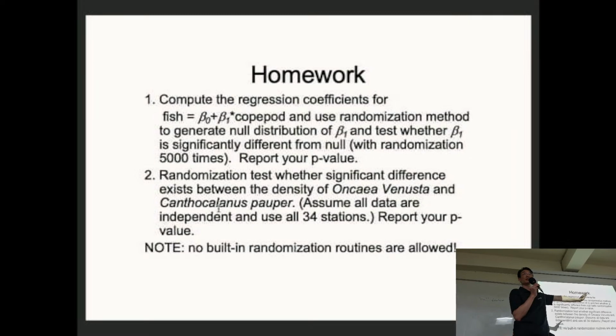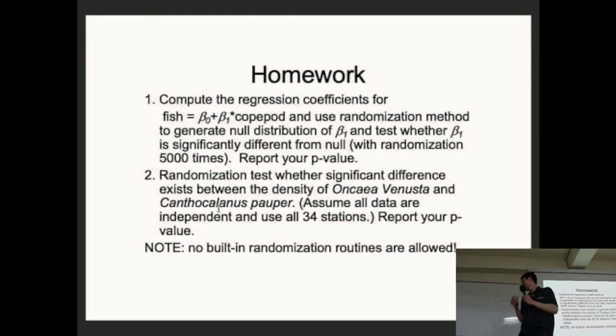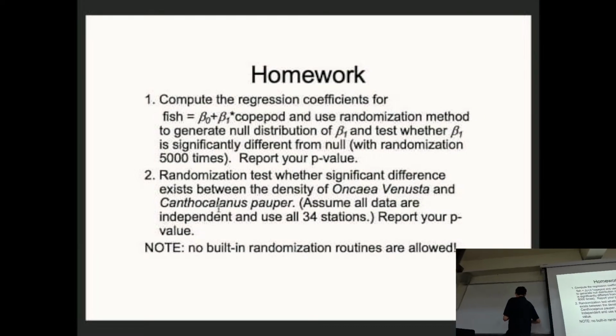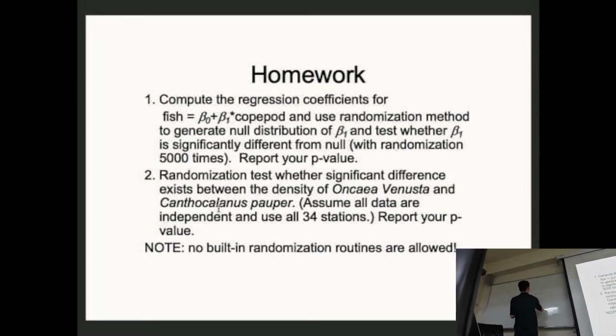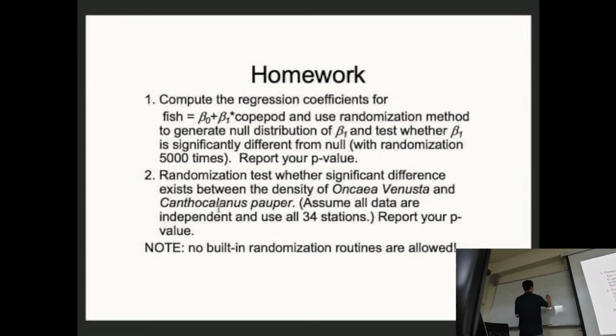Okay, so observed and 5,000 randomized, right? And then you can compare how many randomized beta 1 include the observed beta 1, right? If the observed beta 1 is significantly larger than any of the 5,000 numbers, what is the p-value? What is the p-value? The p-value will be, you have 5,000 randomized, the p-value will be smaller than 1 by 5,000, right?